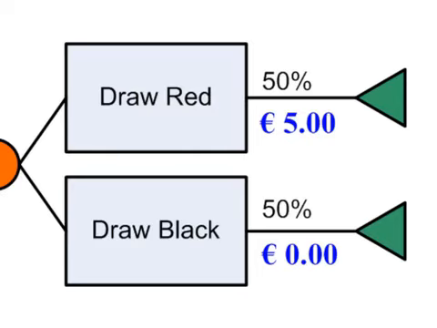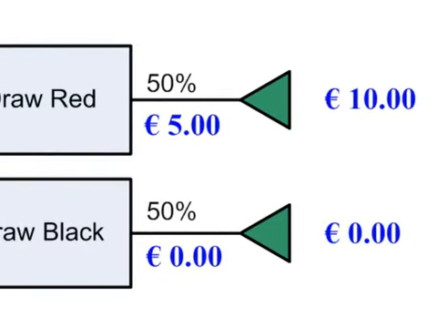Next I went ahead and I added the values in euro. 10 euro I will receive if I draw red, 0 euros if I draw black. So I added those to the very right, just behind the end nodes. And now I calculated my way backwards from right to the left. I know I have a 50% chance to draw red. 50% of 10 euros is 5 euros.